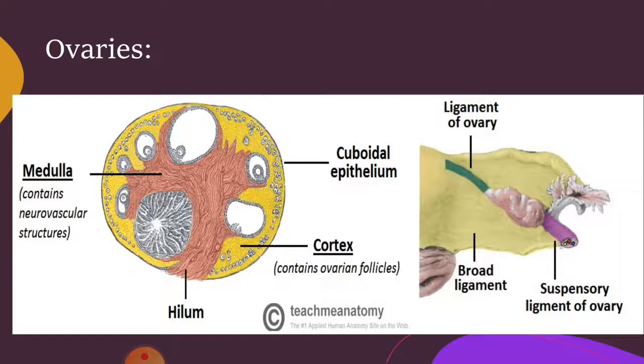If we talk about the structure of the ovaries, then it has 3 parts: the medulla, cortex, and we will not consider the follicles in this. Just remember that it has 2 parts.